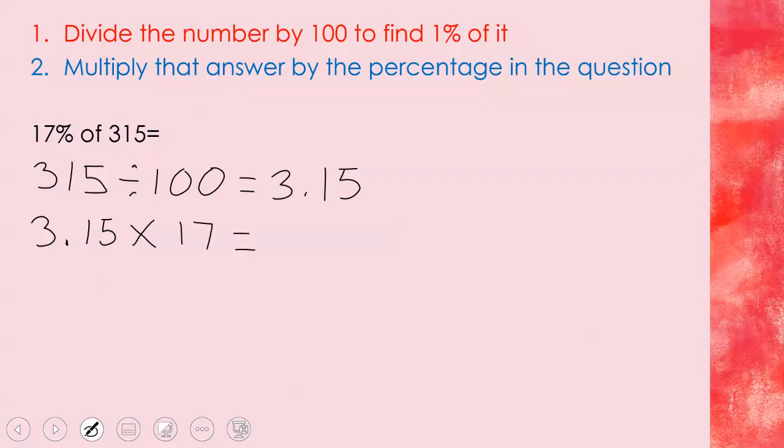You will learn how to do questions like that using a column method in year 6. For now, I'm happy for you to use a calculator for this question. If I use my calculator to do 3.15 multiplied by 17, I would get the answer 53.55.